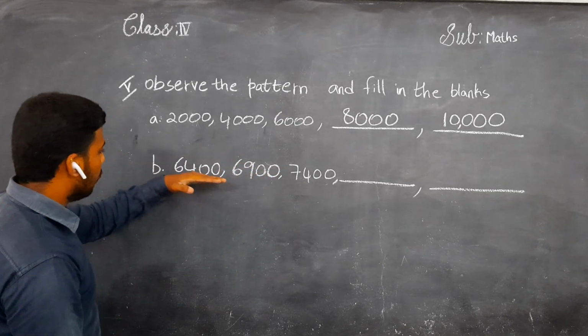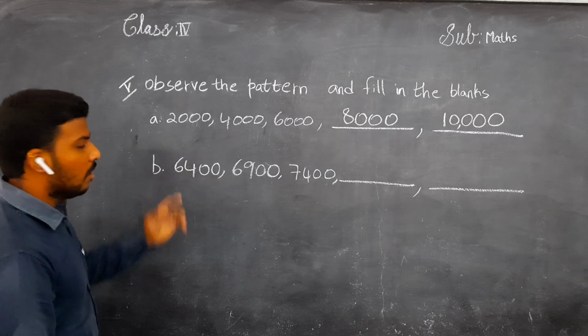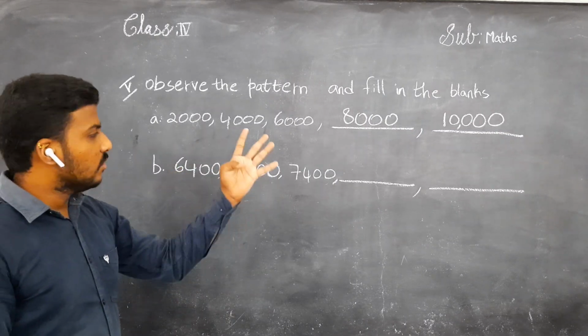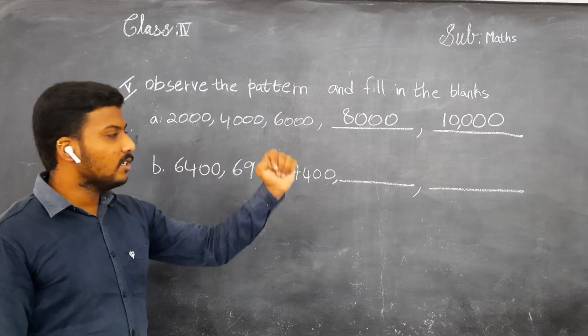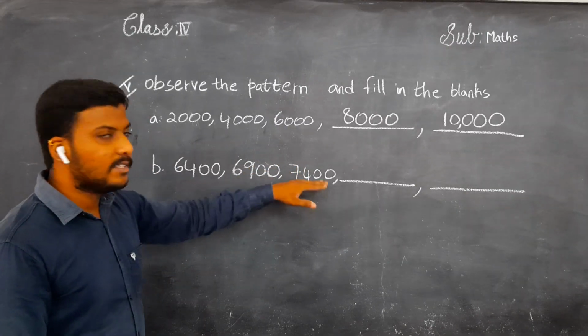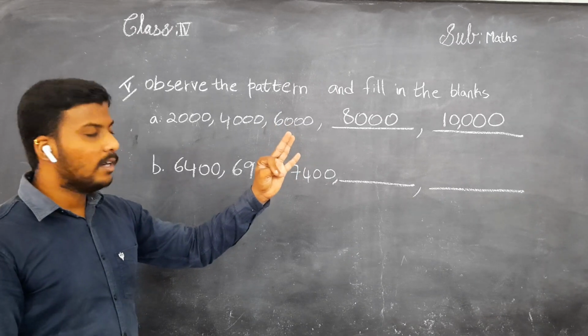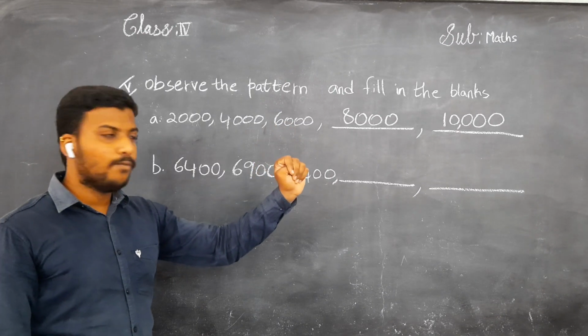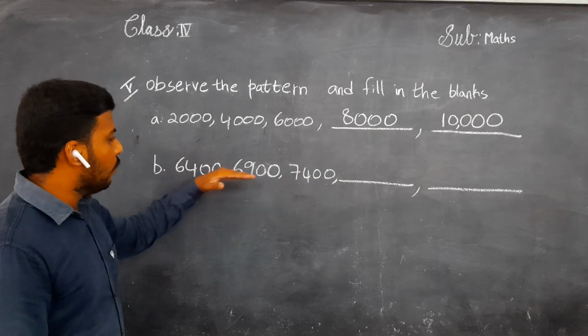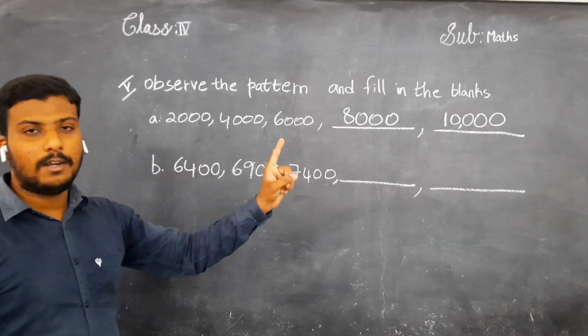Understand? See, here is 6400. Count that: 6500, 6600, 6700, 6800 and 6900. Again next 7000, 7100, 7200, 7300 and 7400. In between each and every number there is a difference of 500.